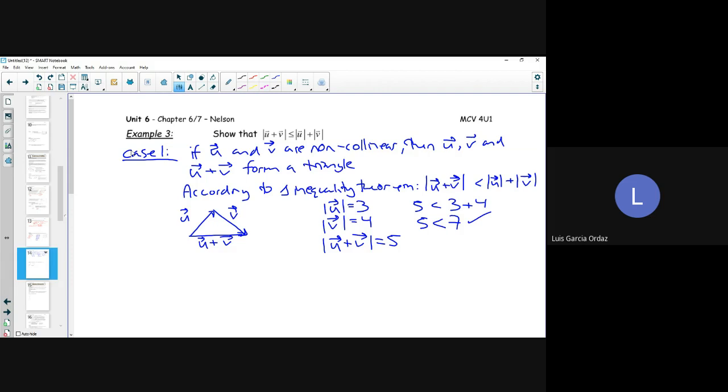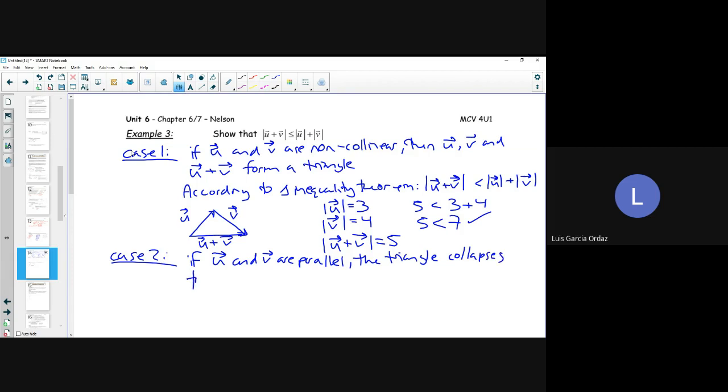Okay. Now I have to do a case 2 where I can find out where the magnitude of u plus v is equal to the magnitude of u plus the magnitude of v. Let's go to case 2. Let's assume that vector u and vector v are parallel, so the triangle collapses to a straight line.